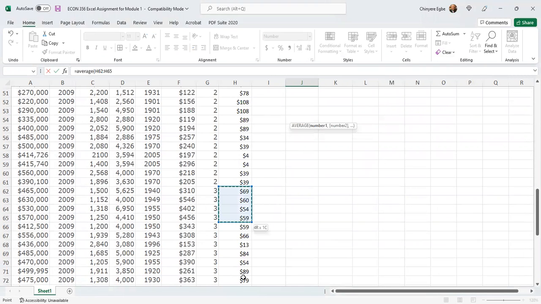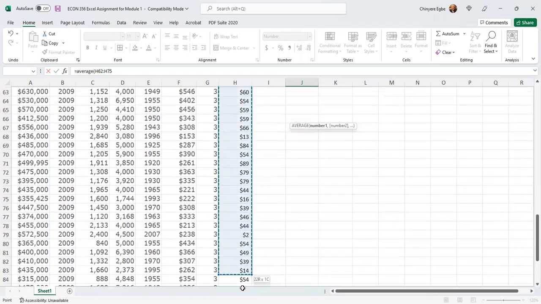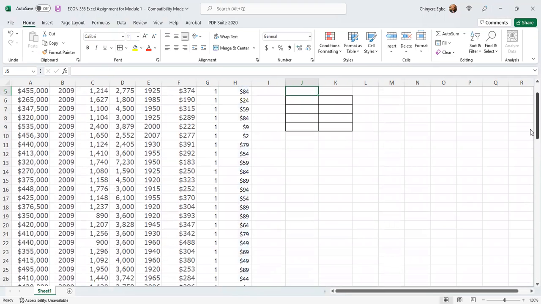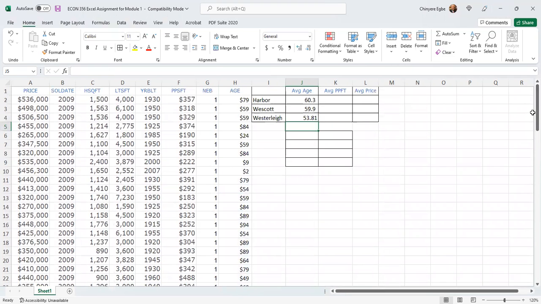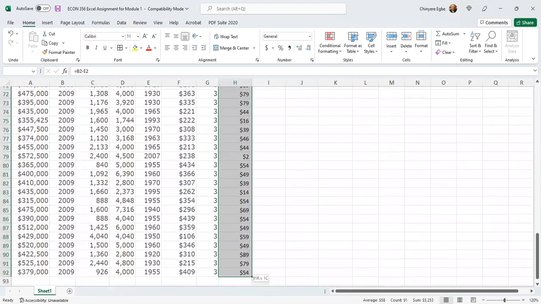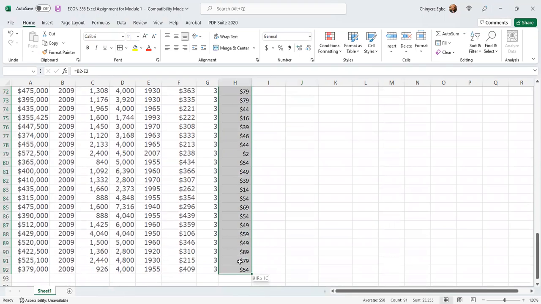Oh, why did somebody put this in dollars? No wonder. This should not be in dollars. I don't know why it is so.